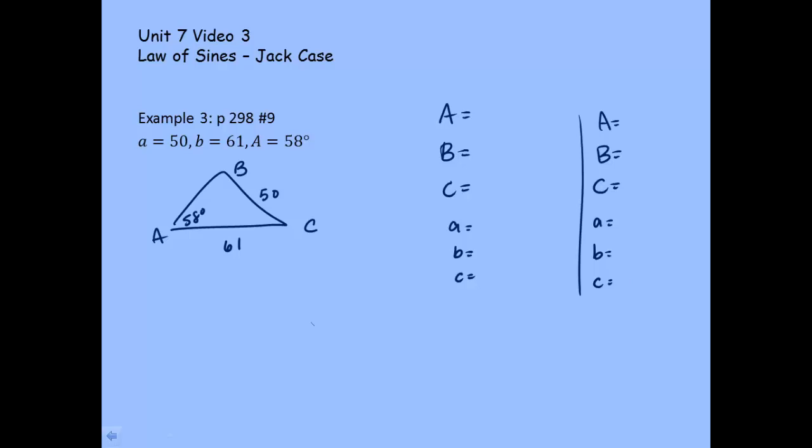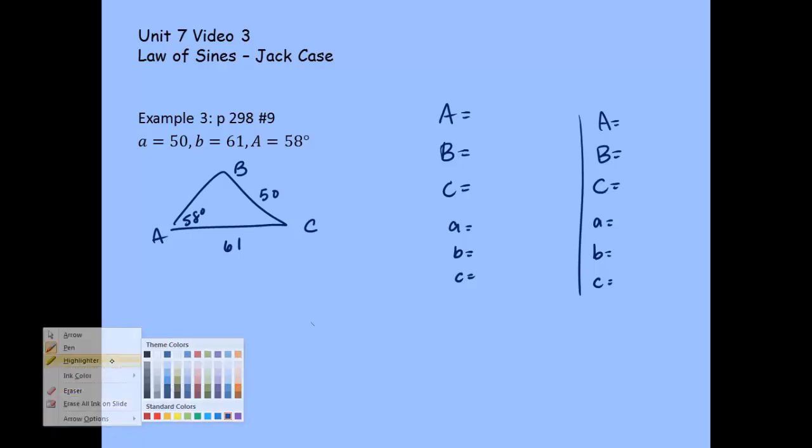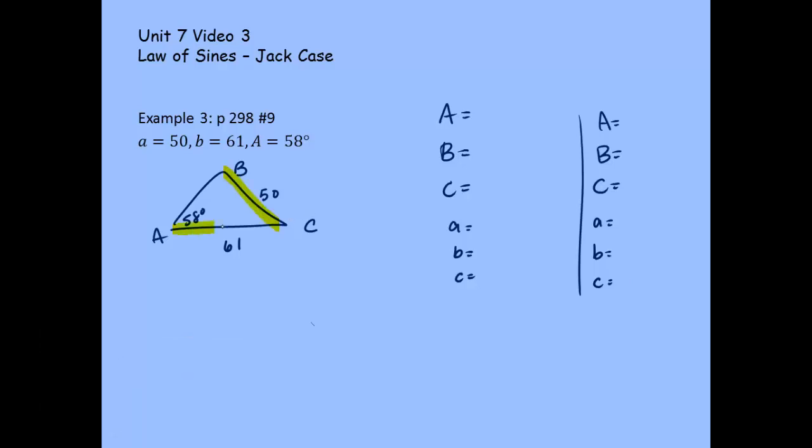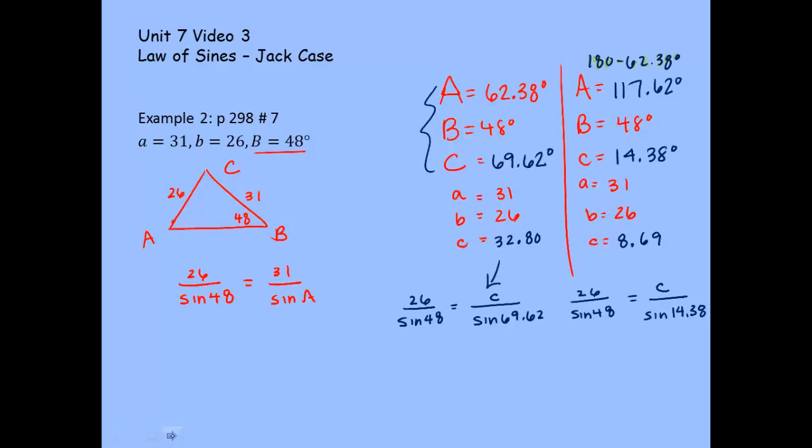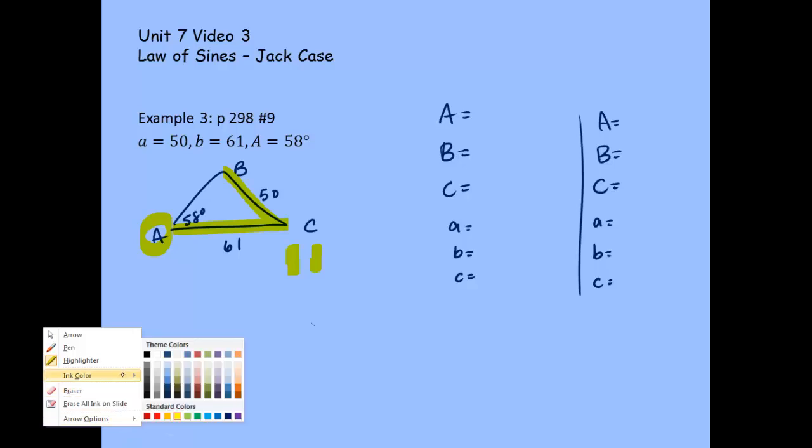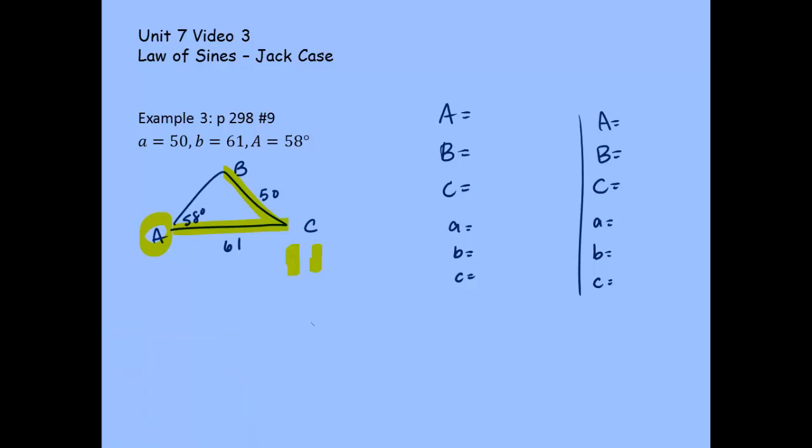The reason I'm doing two possible triangles again is because I have two sides given and the angle that is not between them. That gives us our side-side-angle. All right, fill in the information that is fact for both of them. So I have 58 degrees for angle A, little a is 50, and little b is 61.